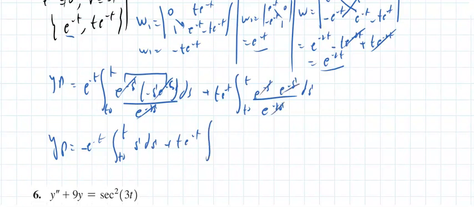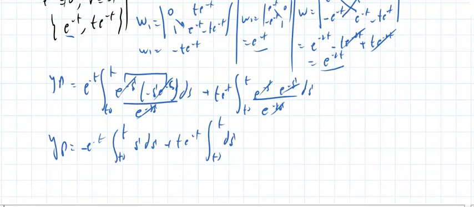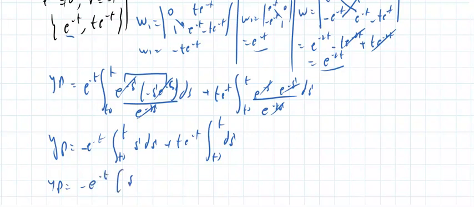And wouldn't these cancel out? You're looking just at t naught to t of ds. And wouldn't you say the particular solution is negative e to the negative t times s squared over 2 evaluated from t naught to t, plus t e to the negative t times s evaluated from t naught to t?